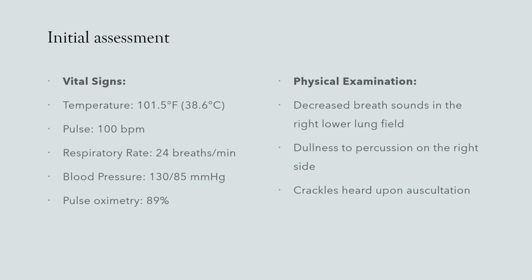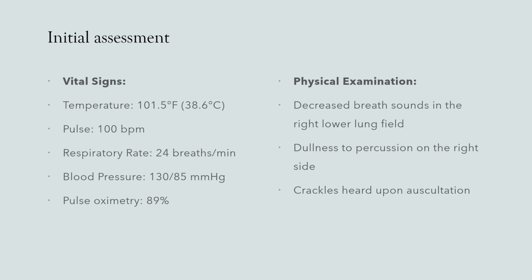Okay, we would need to know what his baseline blood pressure and heart rate is, but they seem to be elevated. And then on physical exam, decreased breath sounds in the right lower lung field. So there's an asymmetry there. So it tells you that something's going on in that right lower lung. Okay. And you hear crackles.